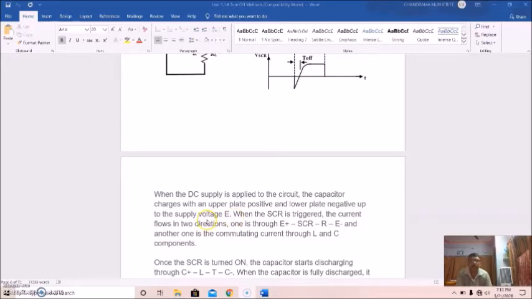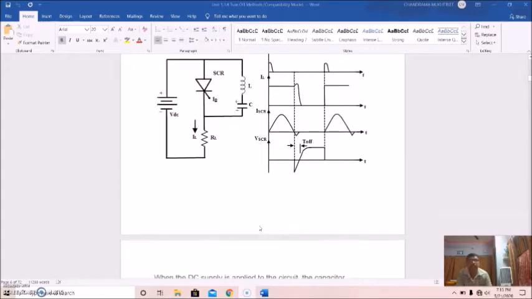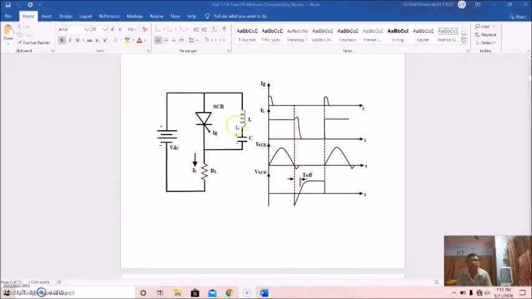The path is E positive, then L, then C, then load, and E negative. So it is like this.